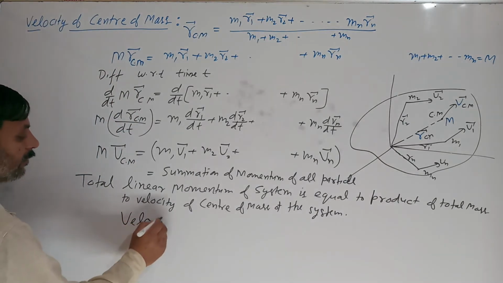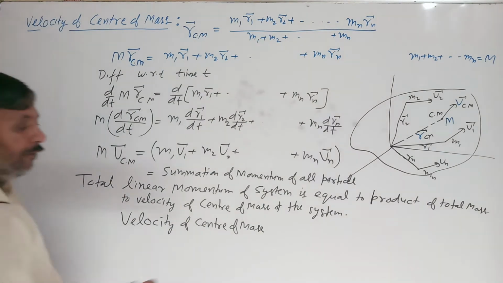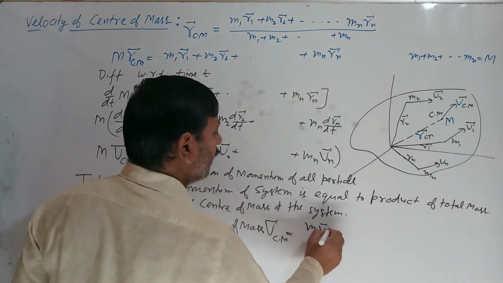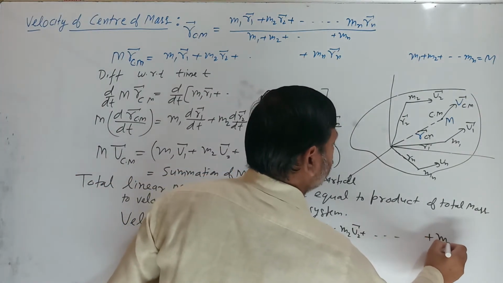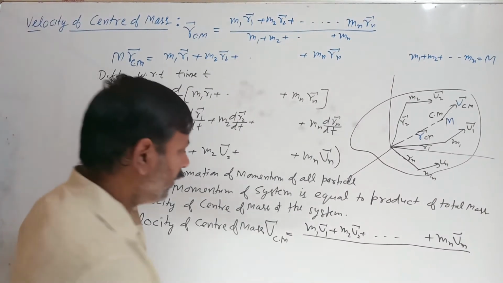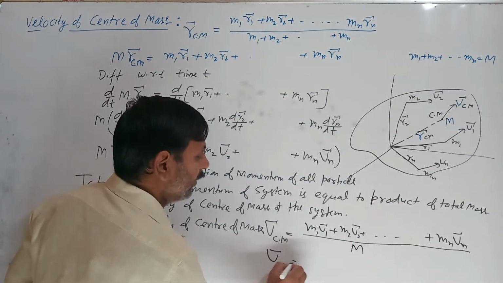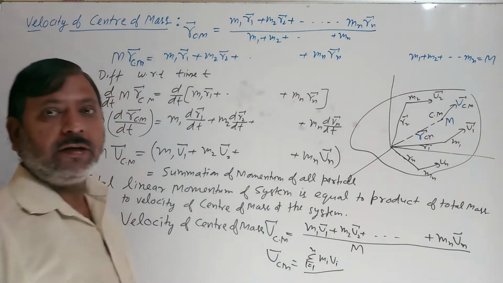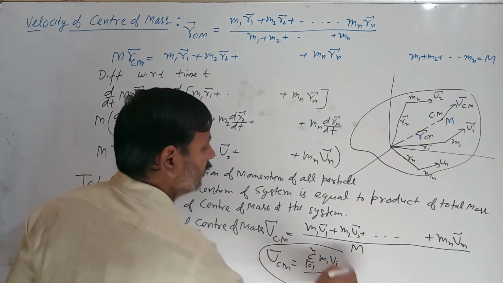The very important result is vcm is equal to m1 v1 plus m2 v2, same way mn vn, divided by total mass, where total mass means capital M. This can also be written as the velocity of center of mass is sigma mi vi, i from 1 to n, divided by total mass sigma mi. So this is the formula for velocity of center of mass.